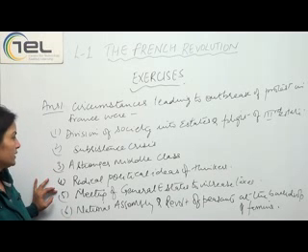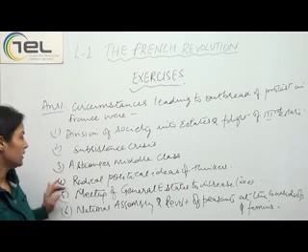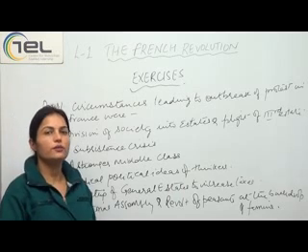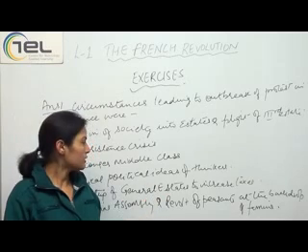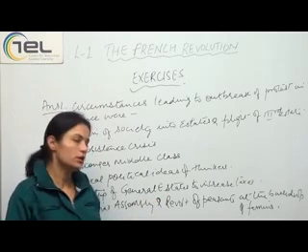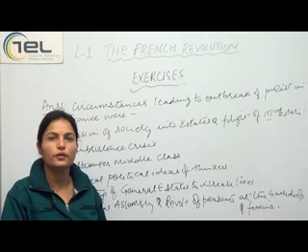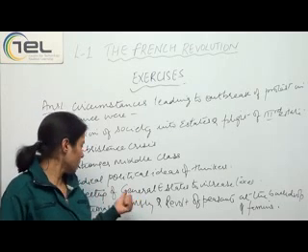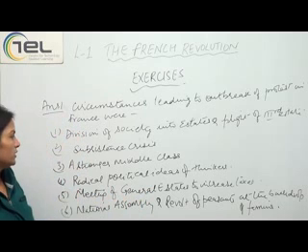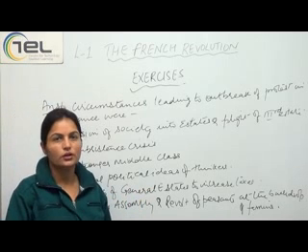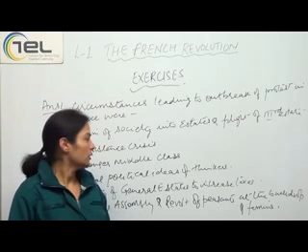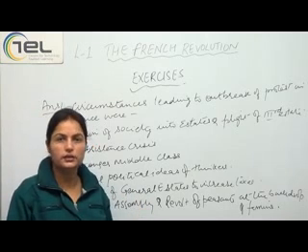Then meeting of the Estates General to increase taxes. The discretion to call the meeting of the Estates General was in the hand of the king, and the king called the meeting to increase the taxes, which was not accepted by the third state.